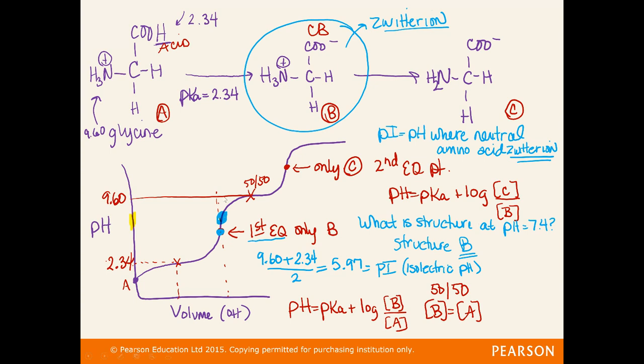Okay, so let's talk about another one. Let's do glutamic acid, or let's do aspartic acid. Make sure that I don't have it on highlighter. So this is aspartic acid, or aspartate.